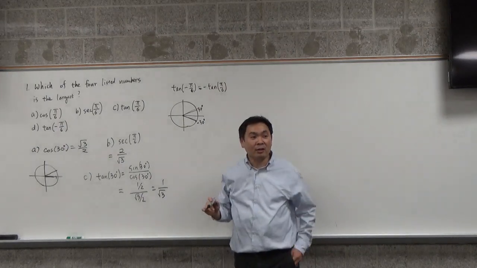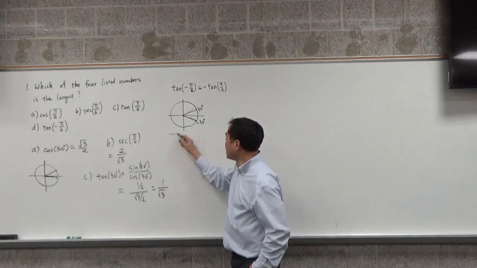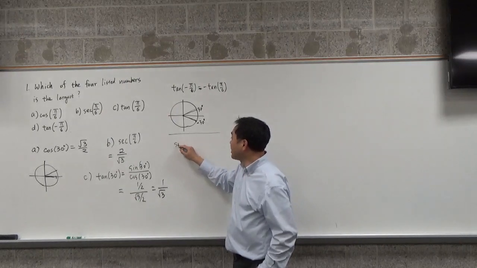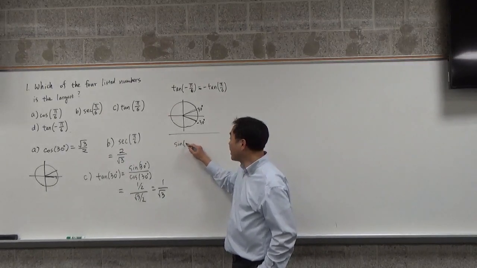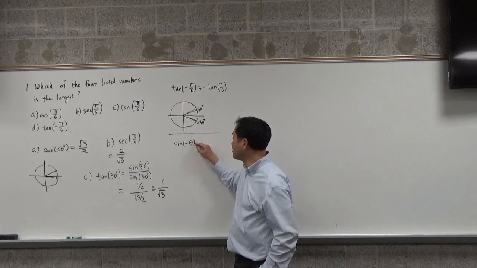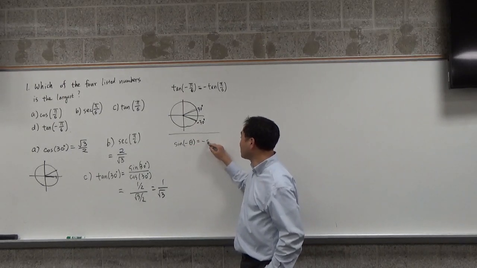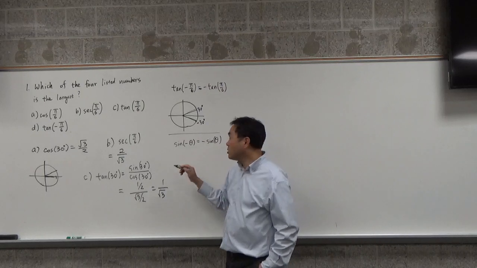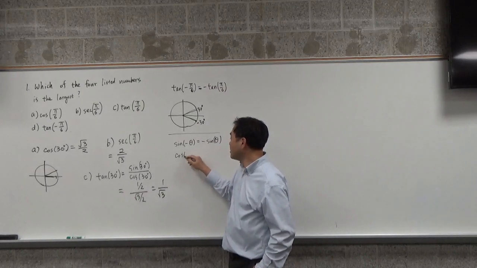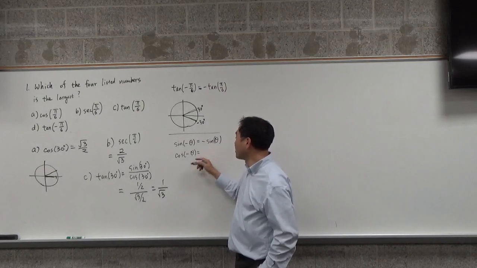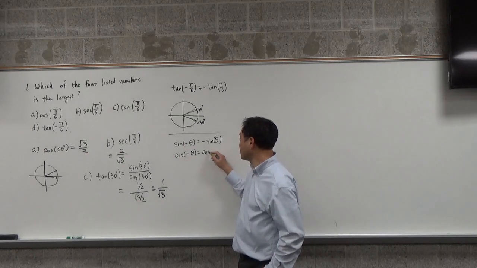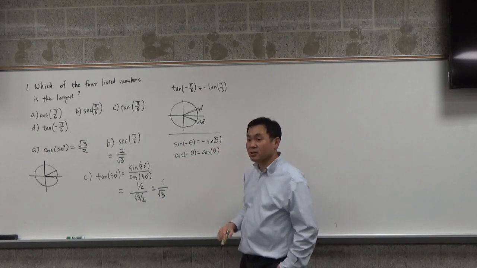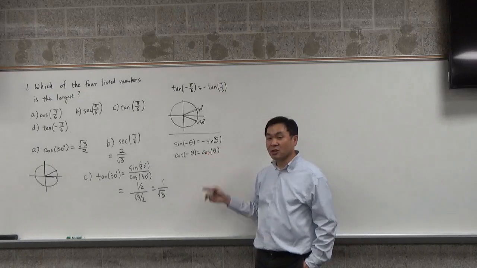By the way, here are some more tips. For the sine, the same thing happens. If you have negative of an angle, this can be pulled out and you get sine of negative theta equals negative sine theta. However, for cosine, it turns out that the negative doesn't matter. Cosine negative theta is the same as cosine theta.